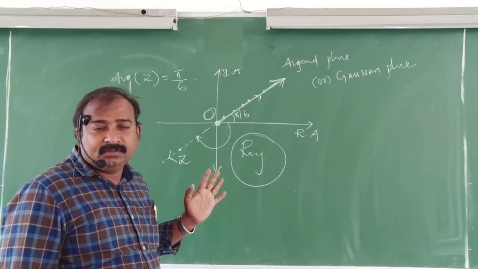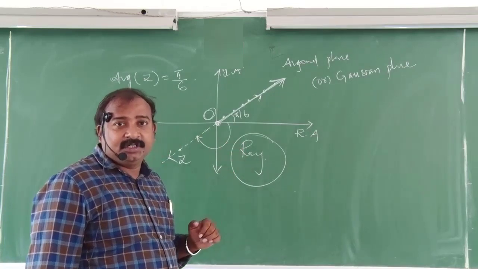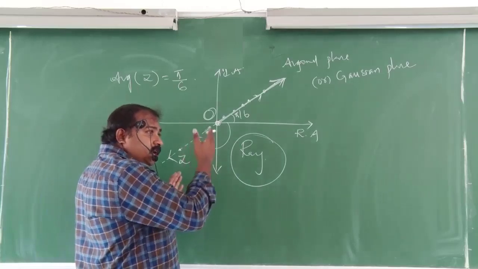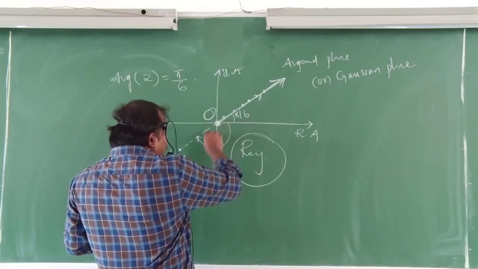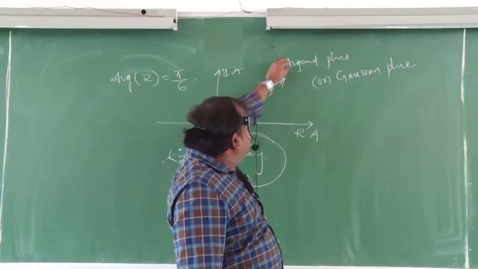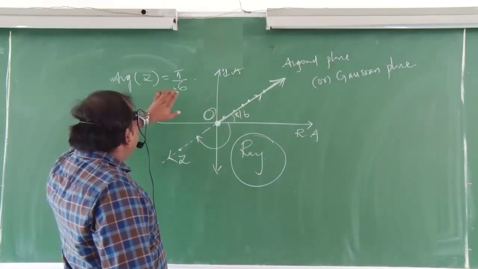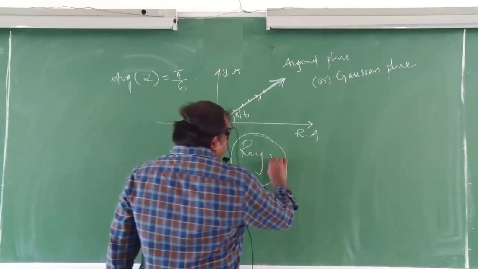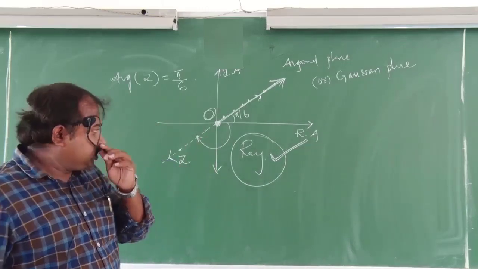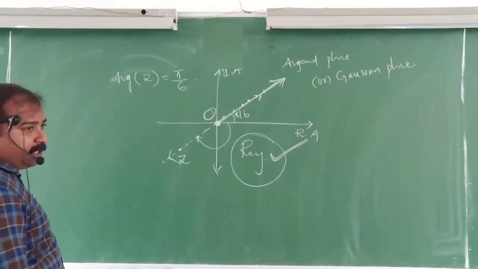The initial point is the origin, and it makes an angle of 30 degrees with the real axis and goes forward like this only, not on this side. Remember this geometrical application.